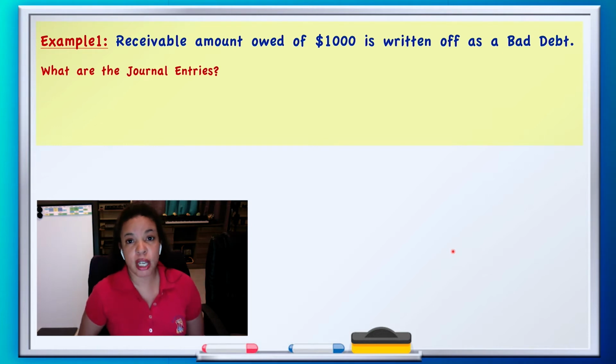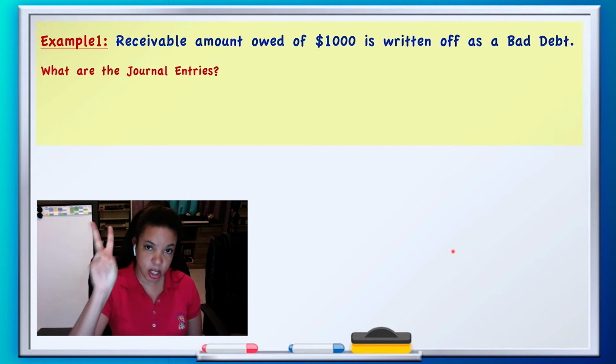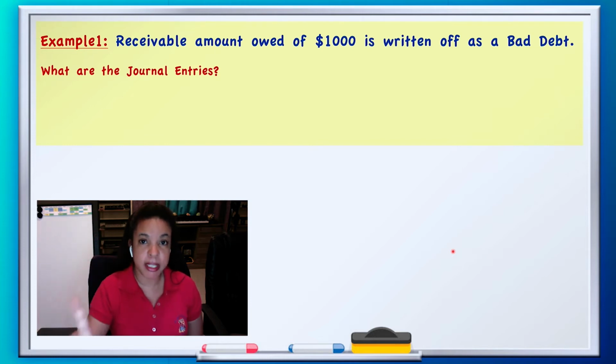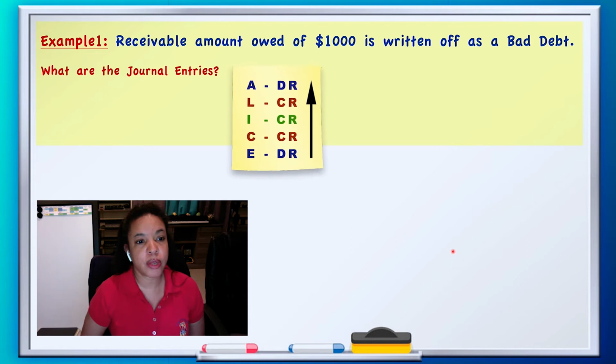Whenever we say journal entries, what we're talking about is which accounts are debited and which accounts are credited for the particular transaction. And always remember, because of double entry, there must be at least 2 accounts, and one must be a debit and one must be a credit. Always.